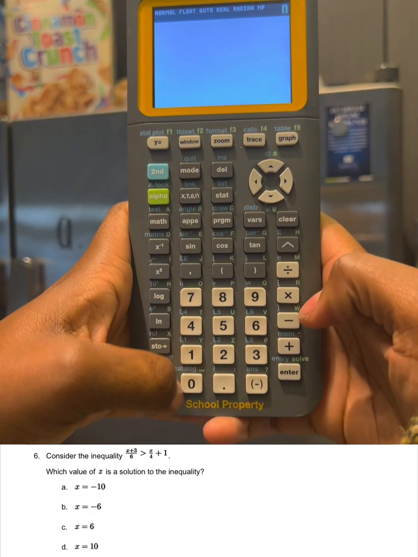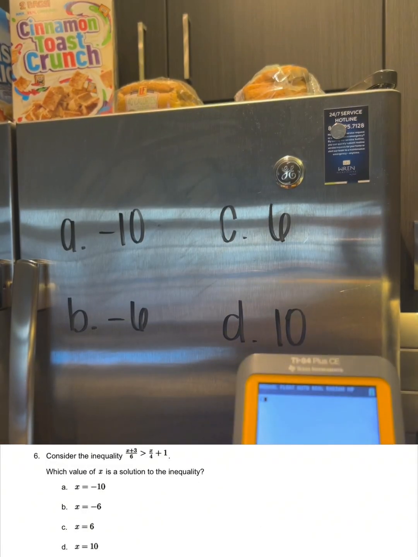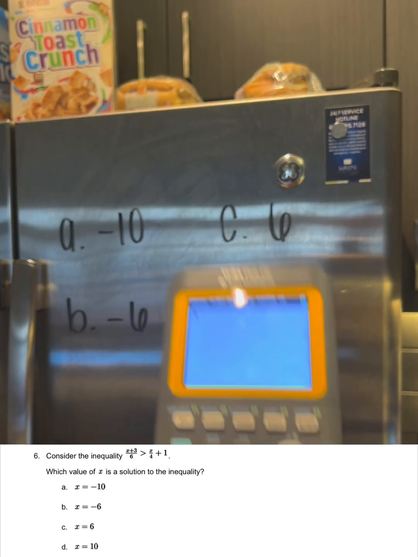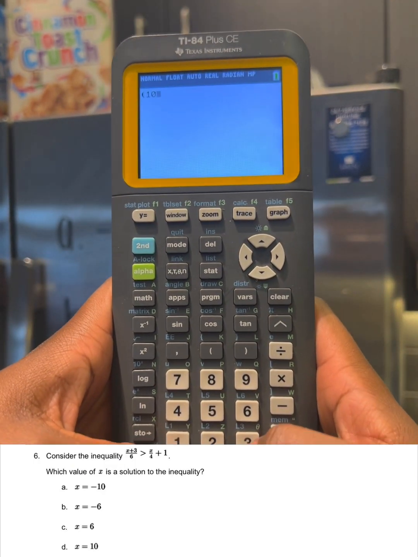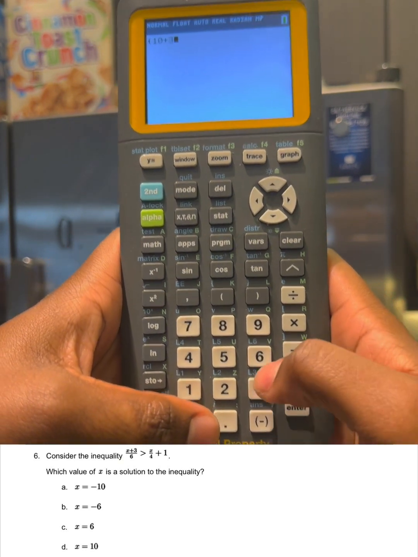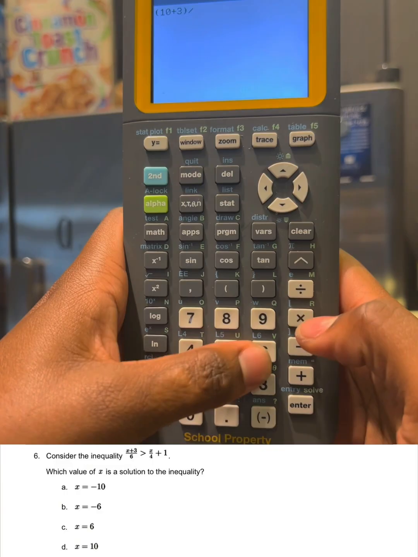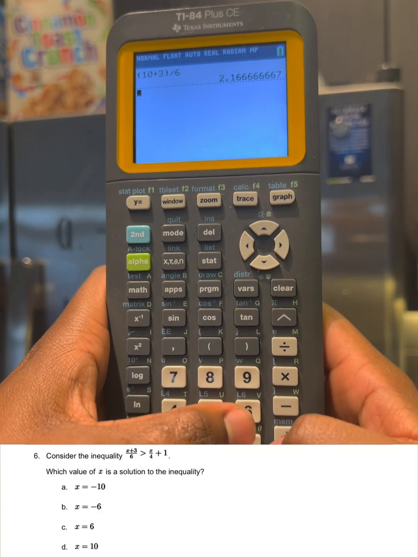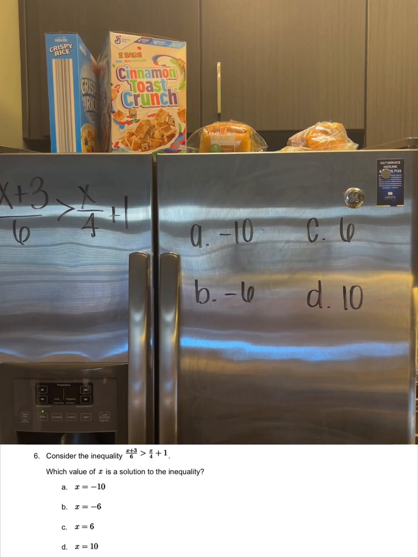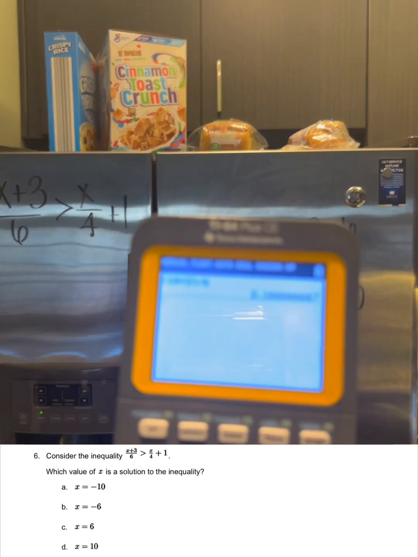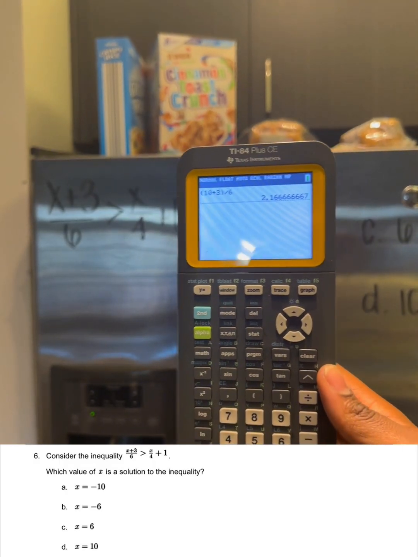Okay? My equation is a fraction. So I'm plugging in, I'm gonna start with D and go up. D, positive 10. So I'm gonna say 10 plus 3 divided by 6. Because that's the left side of my equation, right? 2.166. All right. So that's where we got the 10 plus 3 divided by x.